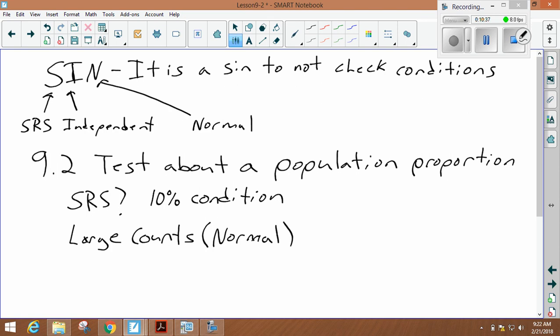Yes, you can do that, absolutely. For a proportion, it's np greater than or equal to 10, and also n times 1 minus p.